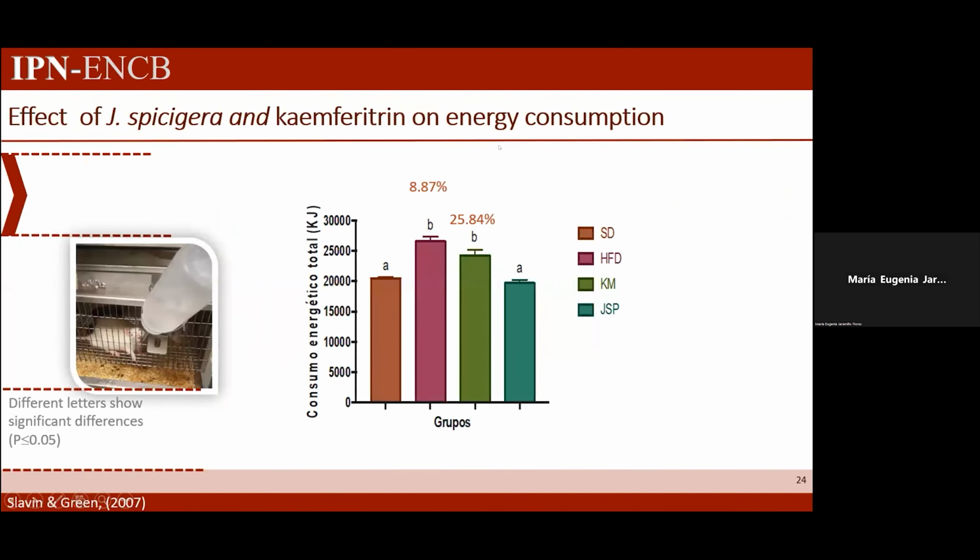In the case of energy consumption, the highest consumption was the high-fat diet, followed by kaempferitrin treatment, and then Justicia spicigera treatment. As you see, Justicia spicigera treatment was the most effective in reducing energy consumption.